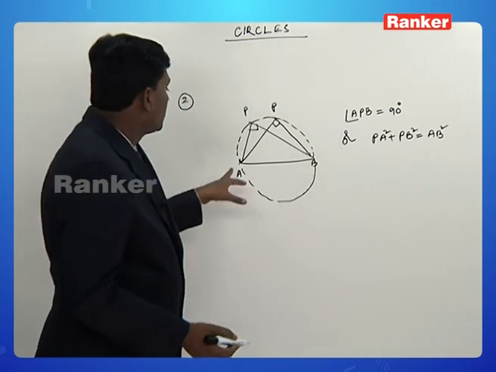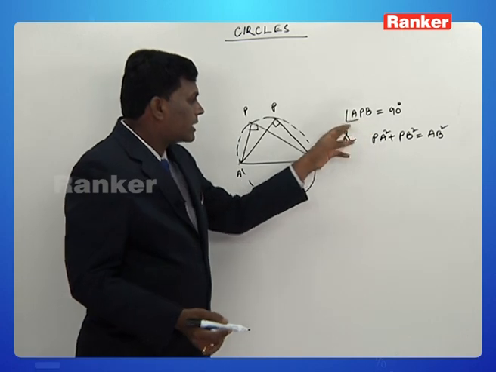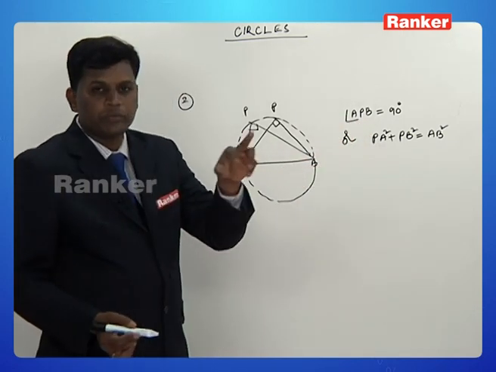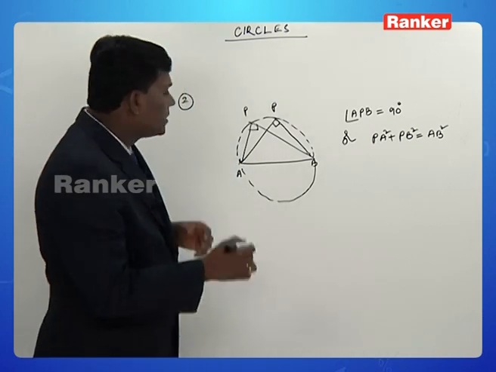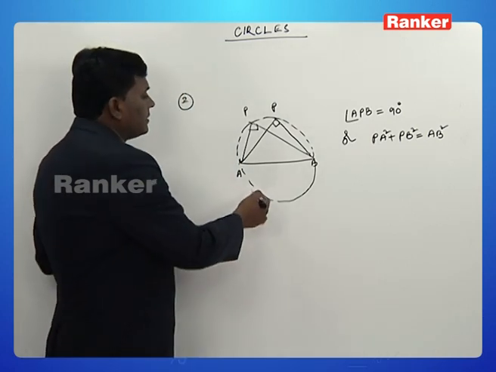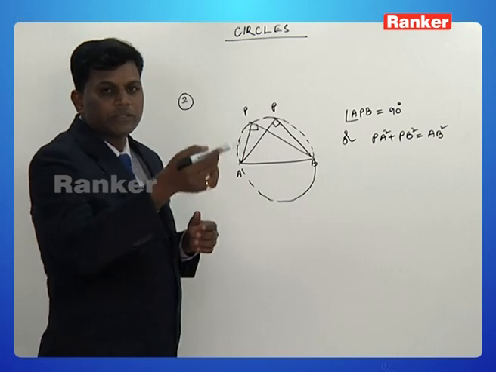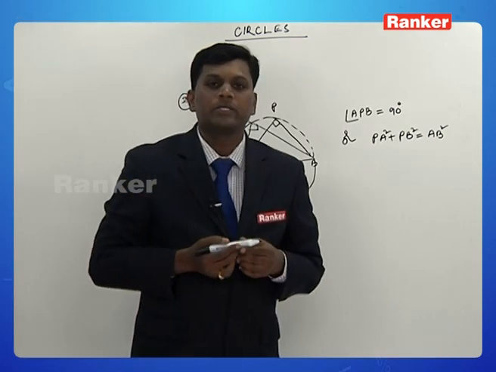Therefore, whenever the condition angle APB is 90 degrees comes, where P is a variable point and A and B are fixed points, the locus will give you a circle with AB as the extremes of a diameter.